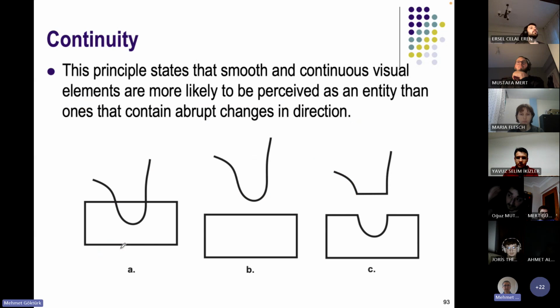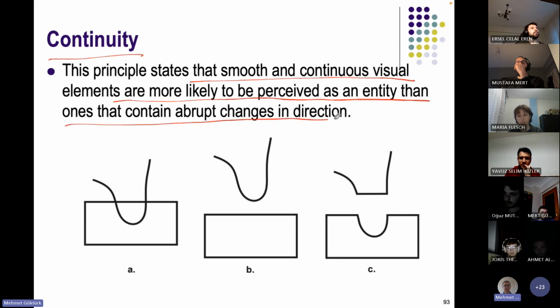The next Gestalt principle is continuity. Continuity states that smooth and continuous visual elements are more likely to be perceived as an entity than ones that contain abrupt changes in direction. Our brain likes continuity. We love continuity.